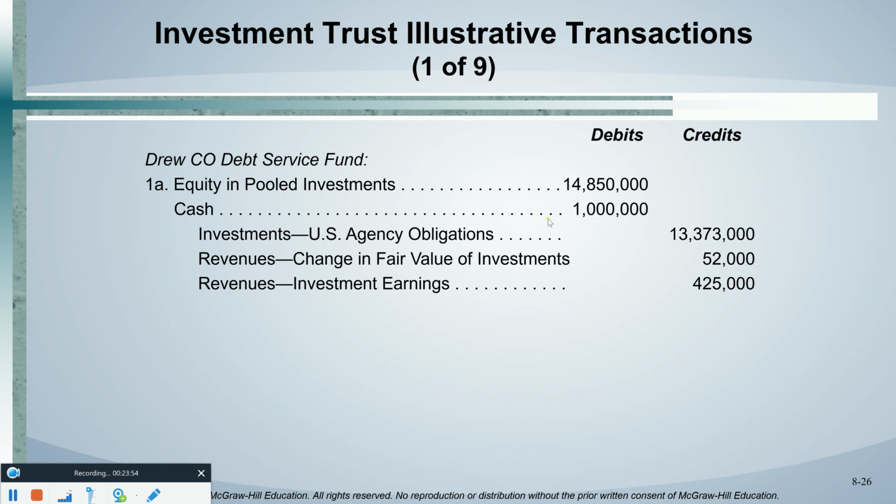So those amounts, the $13,373,000, is going to come out of the investment balance of the Drew County Debt Service Fund. This $1 million in cash, I apologize, this should be in the credit column. All right, so cash balance is going down, and the investments for the U.S. agency obligations is going down.